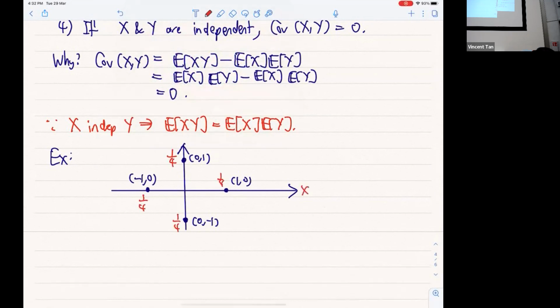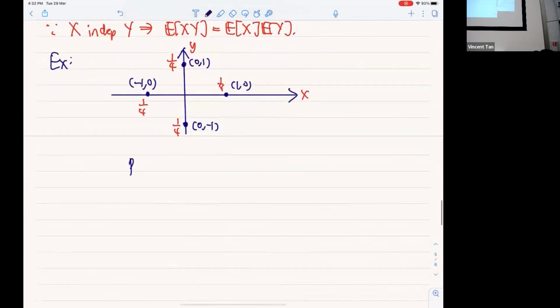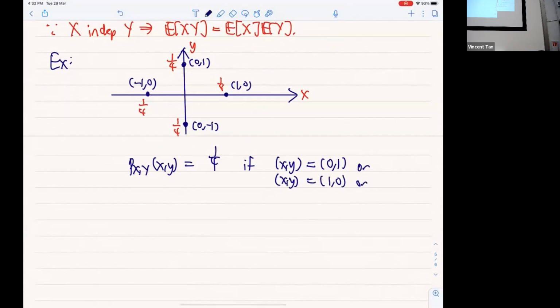And this is our X, this is our Y. So in particular, if I were to write this down, we have P_XY, our probability mass function. This is equal to 1 quarter if (X, Y) is equal to (0, 1), or (1, 0), or (-1, 0), or (0, -1), and 0 otherwise.